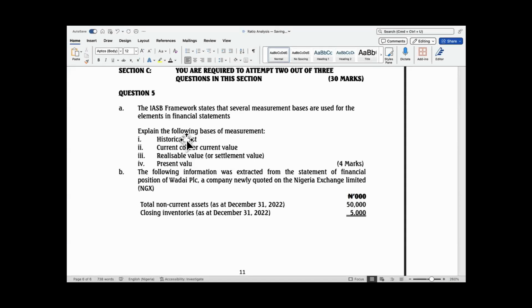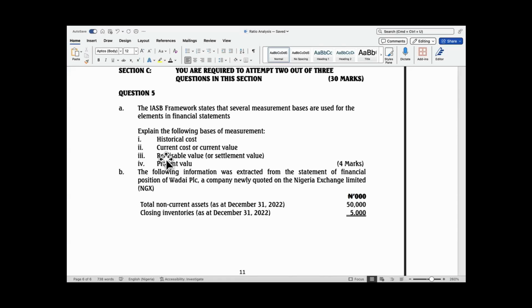So historical cost is the amount at which an asset is acquired or purchased, or the amount at which a liability was originated. While current cost or current value is the amount at which an asset or liability is purchased or originated, and which is constantly updated to reflect current reality in the economy, like inflation and interest rates.